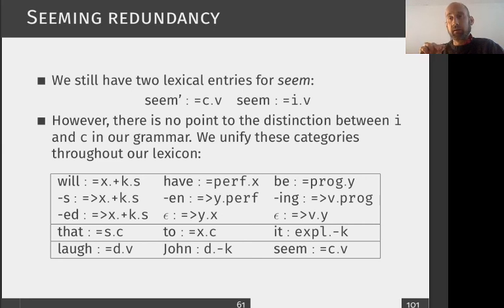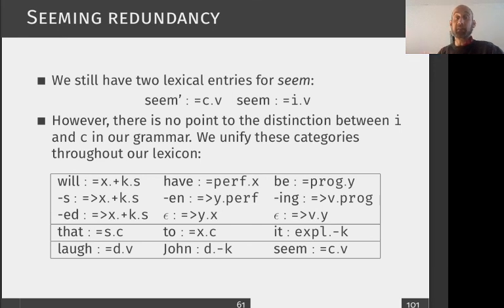The informational dependency between the kind of complement clause and the kind of subject is now cashed out by the SMC.